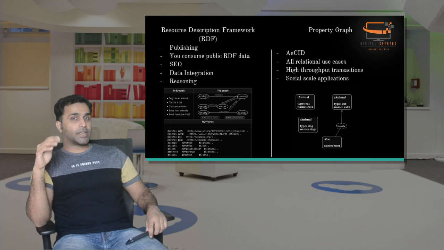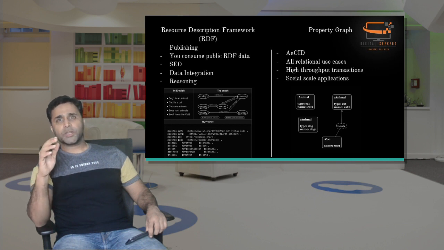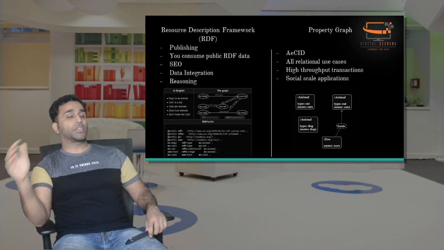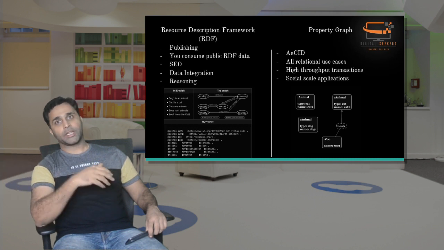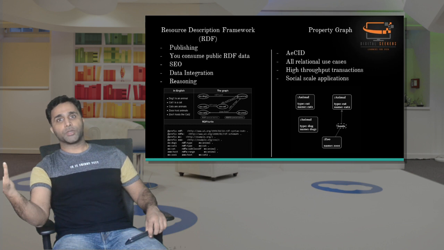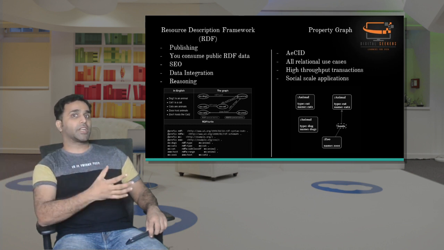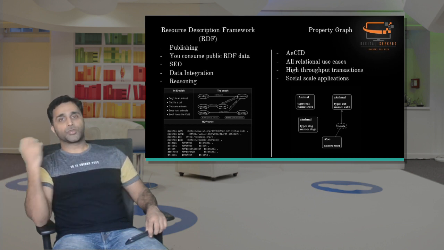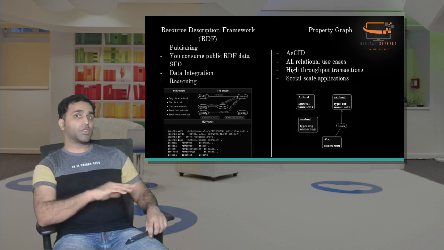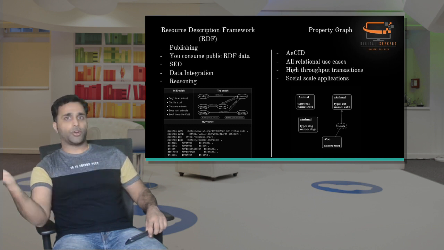And data integration and reasoning. Data integration is primarily, as I said, when you are looking for information exchange from one database format to another, like exchanging information from a relational database to a property graph database, from a relational database to a NoSQL database, or from a NoSQL database to a relational database in any format.